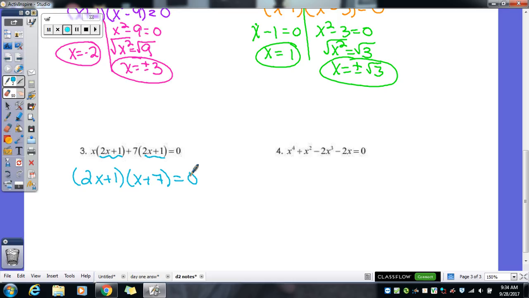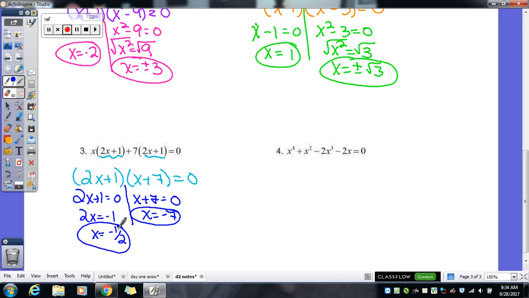You just have to finish it up. So 2x plus 1 equals 0. X plus 7 equals 0. So we get -7 and -1/2 is our 2 answers there.